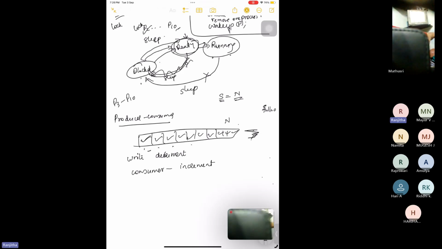So to achieve this mechanism, we needed a semaphore which can handle multiple accesses, wherein we can allow multiple reads and writes to the resource. It's not like a single read, where you lock it, do the read, then release, and then have to write. It's not like that. We can allow multiple reads and multiple writes. So for that, we need to have the value of s equal to n. So that we achieve with semaphores.